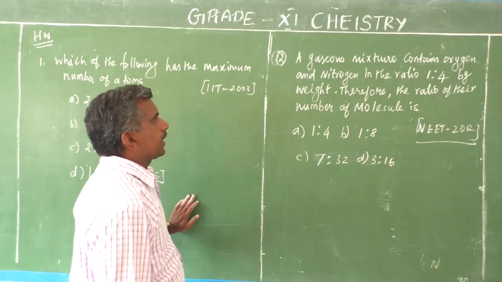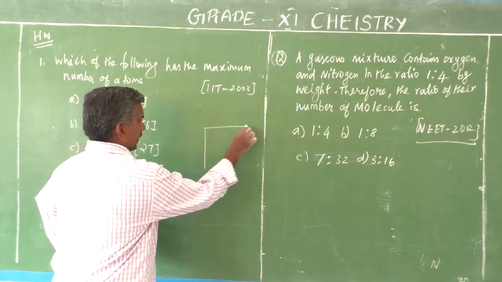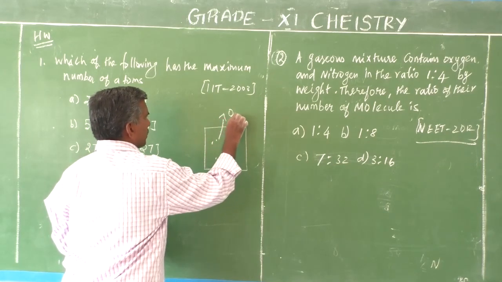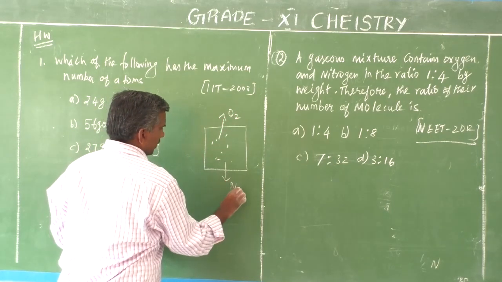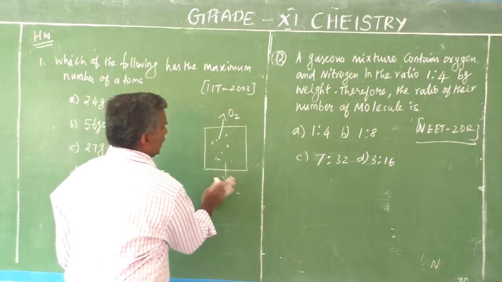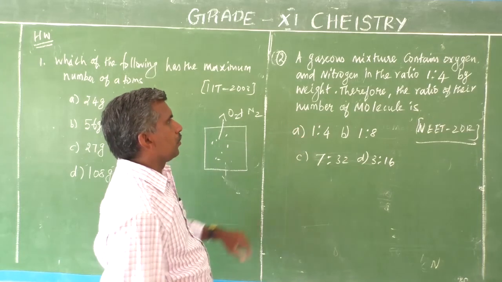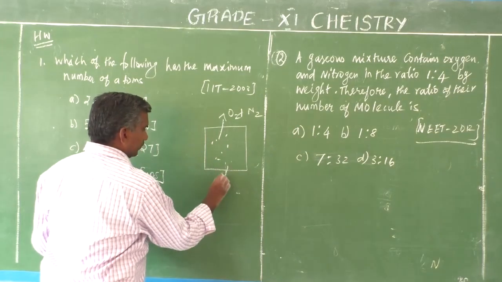A gaseous mixture containing oxygen and nitrogen, that is one cylinder containing oxygen gas and nitrogen gas mixture. In the ratio, what is the weight ratio?